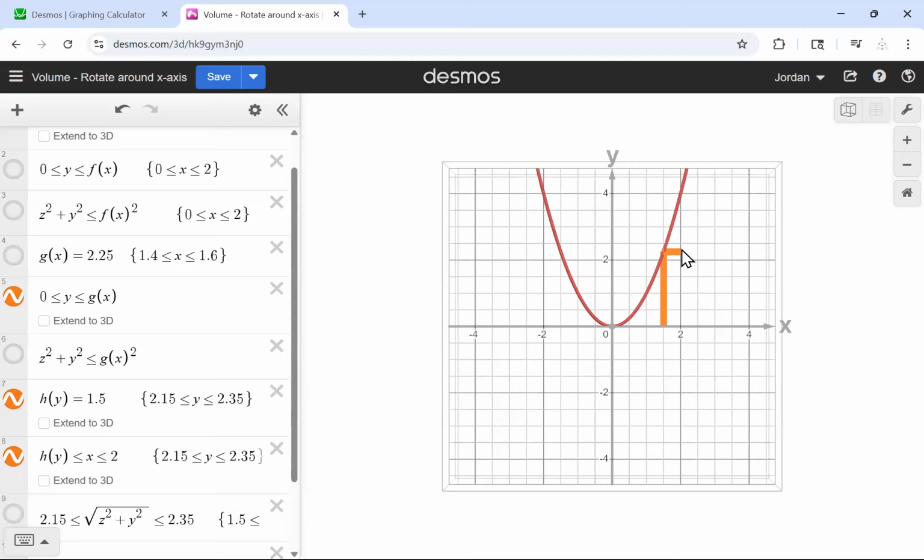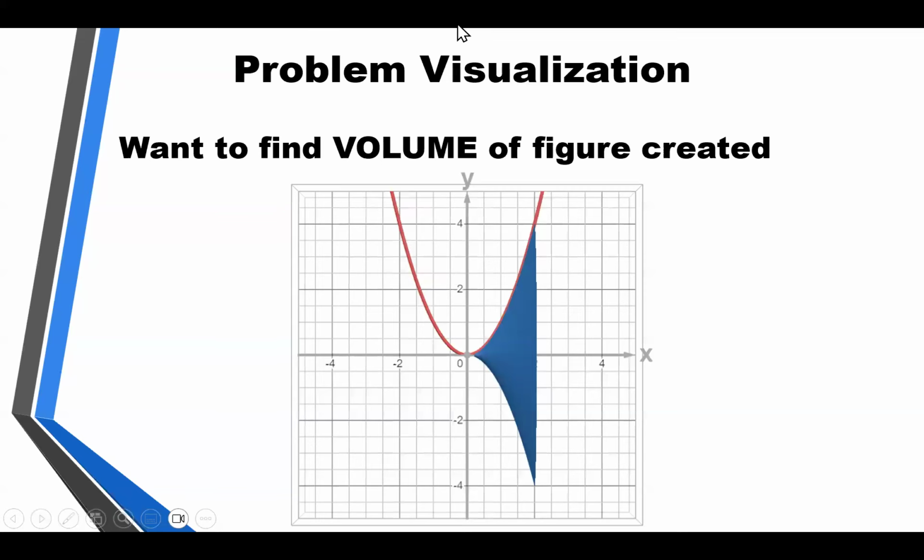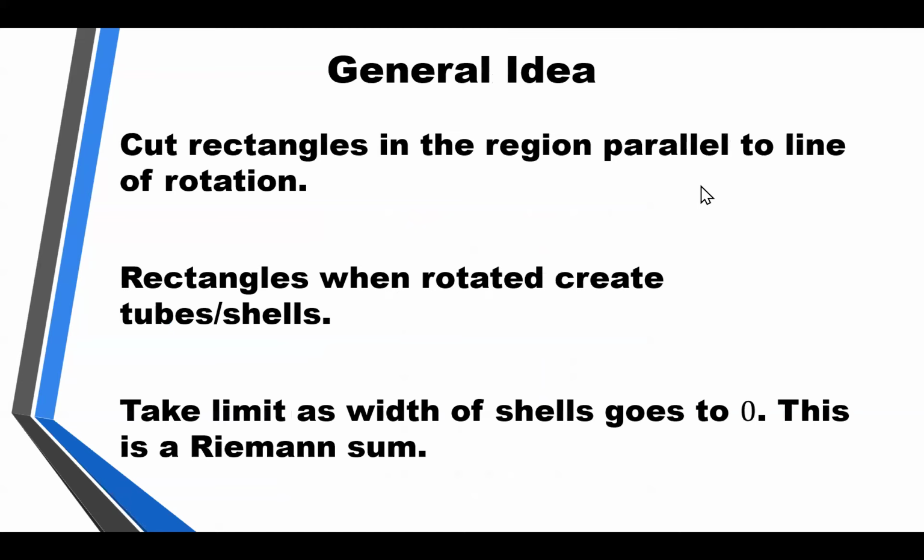Now our rectangles are going to be this way, so it's going to be done with respect to y instead of with respect to x. So that's the visual of what's happening here.